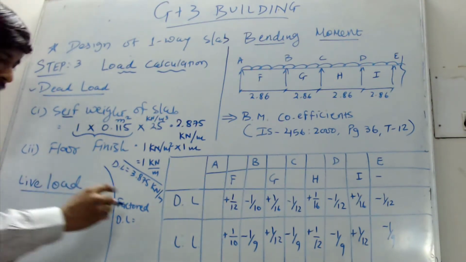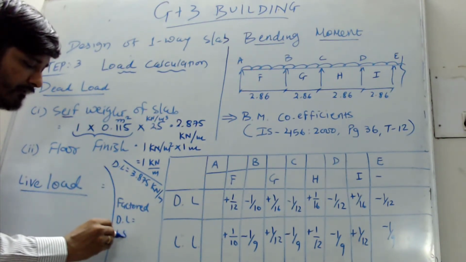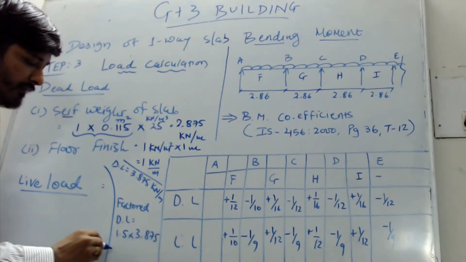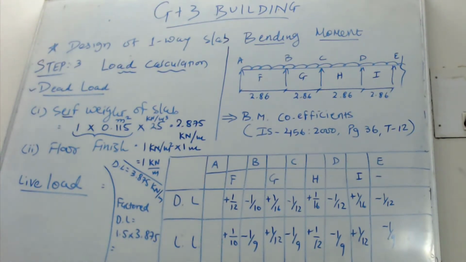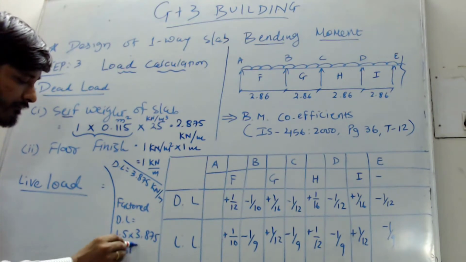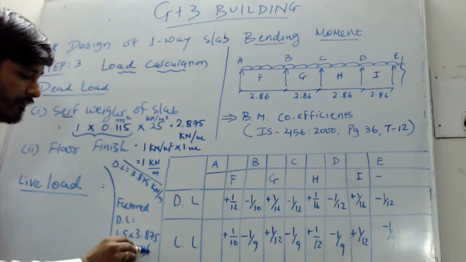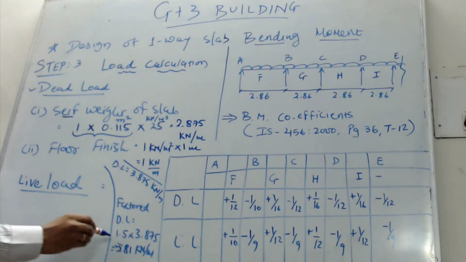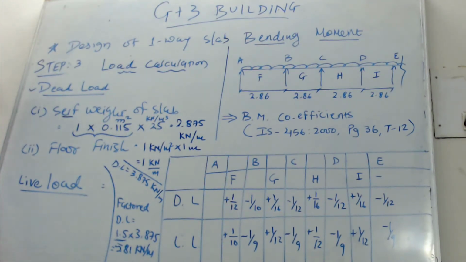So we need to multiply that by 1.5 multiplied by 3.875, which comes out to be 5.81 kilonewton per meter. This is the factored dead load. This is factor of safety for loading. For RCC, we consider this factor of safety as 1.5.